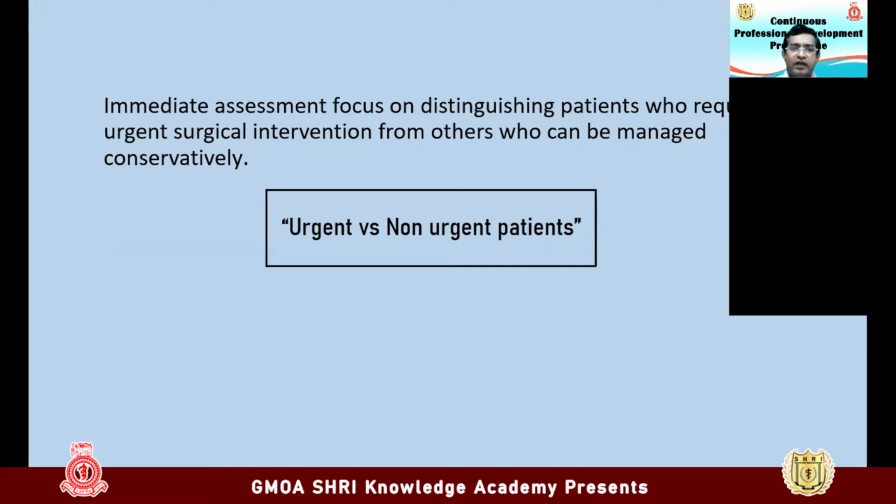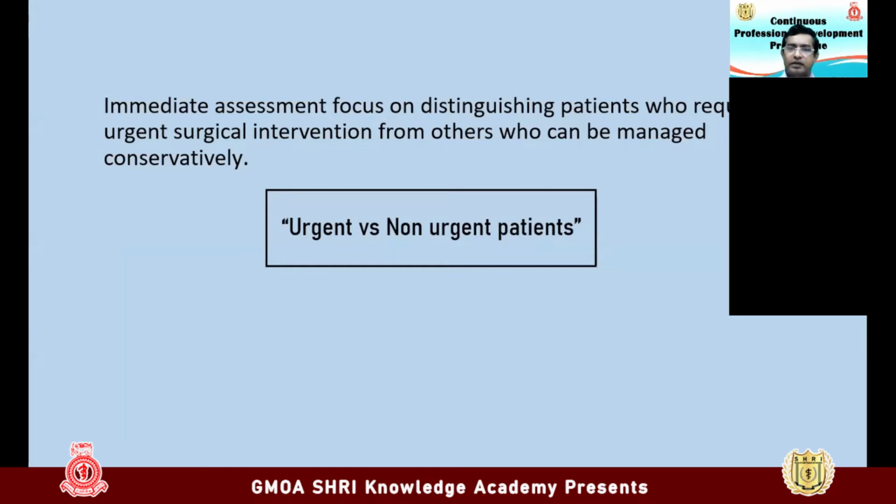It means we need to have an immediate assessment to distinguish the patients who need acute surgical intervention from the others who can be managed conservatively. So that is called urgent versus non-urgent patients. It's very important to identify the risk group to prevent further progression of the disease and to prevent unwanted serious complications.